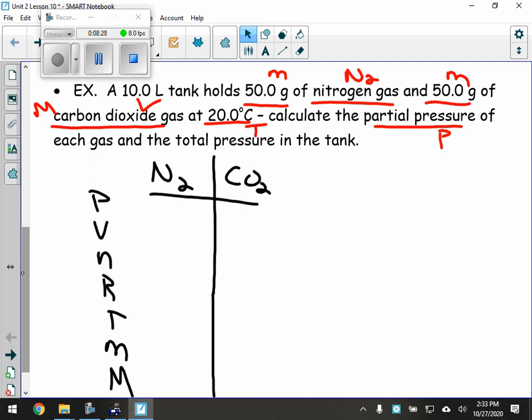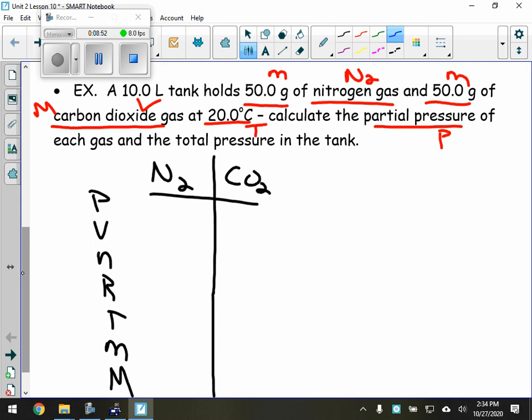Now, the other thing I'm going to say is this. You might say, well, this is PV equals nRT. We just did those questions, Mr. Bachek. Why would I do it here as well? Well, again, we need to use the ideal gas law. But look, it says a 10-liter tank holds nitrogen gas and carbon dioxide gas.